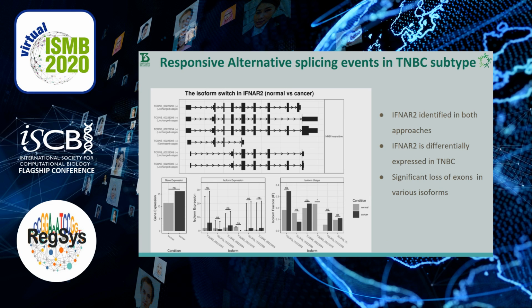And summarizing these results, I'll show the gene IFNAR2 that was presented as differentially expressed for both approaches, presenting equally 6 alternative splicing isoform events, with most significant loss of exons in their isoforms.